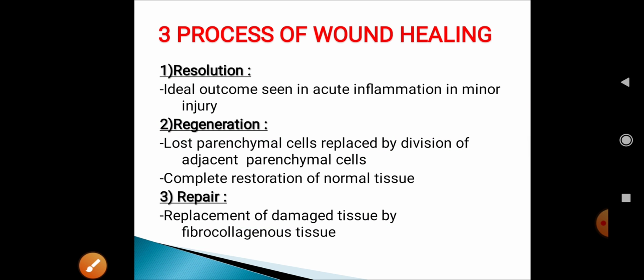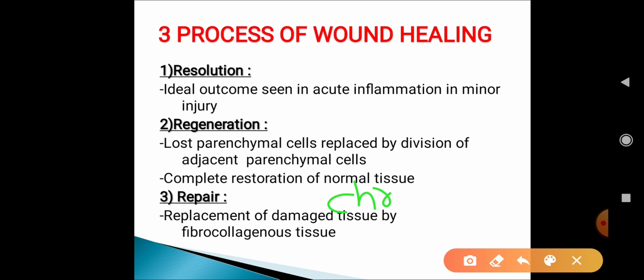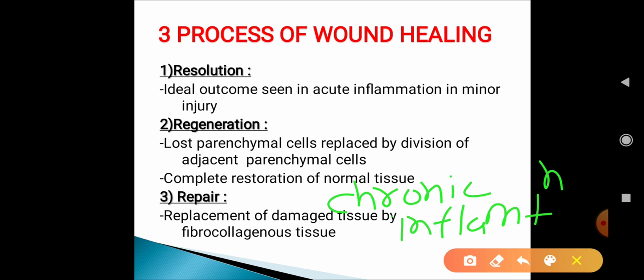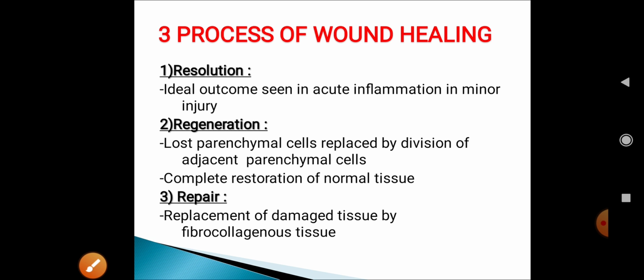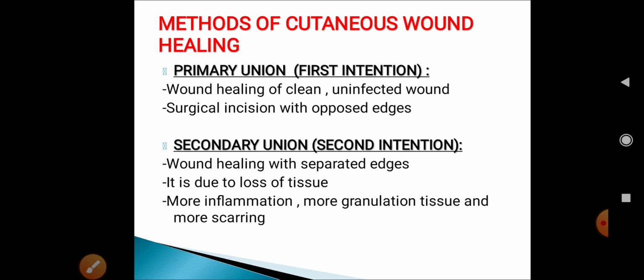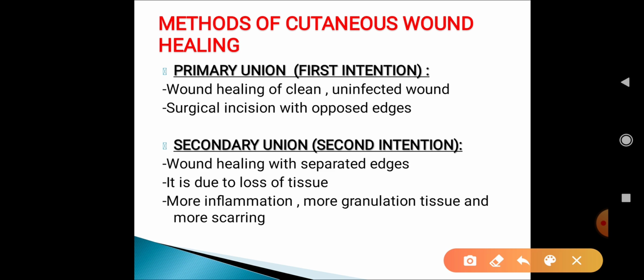So basically wound healing is dealing with chronic inflammation. It's an example of usually chronic inflammation. Acute inflammation will also happen, but the major event is because of chronic inflammation. Okay, so which are the basic methods of cutaneous wound healing? Suppose you are having a wound, then it can heal. As we have discussed, it is replaced by fibrous tissue.